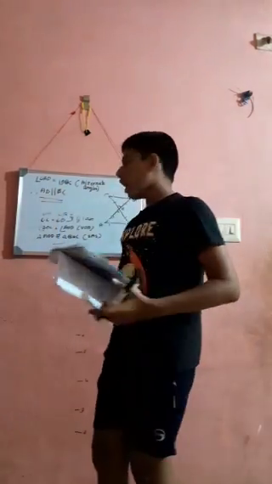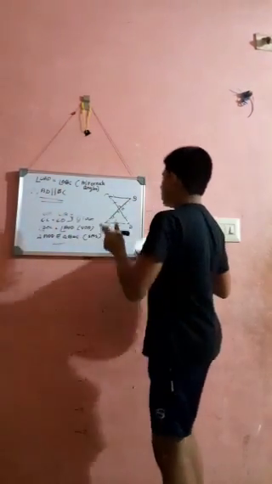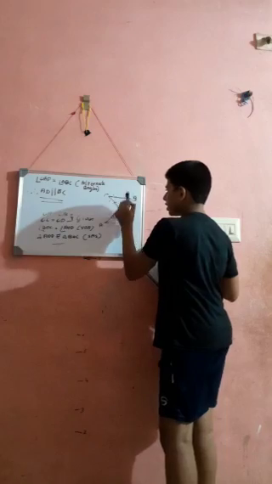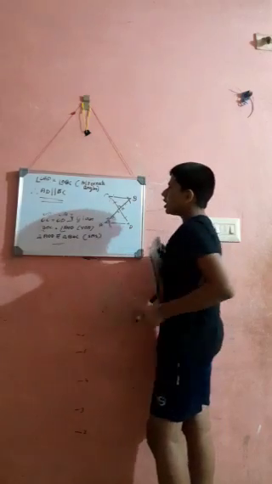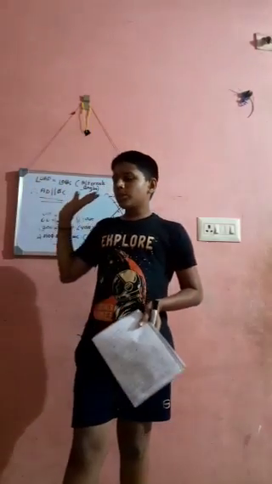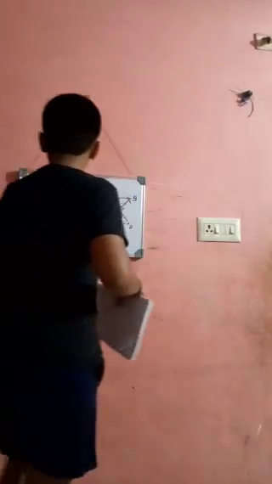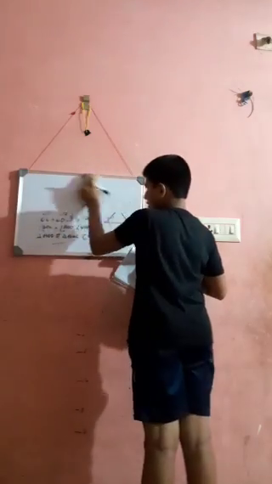If the alternate angles are equal, this one and this one are equal, then the two lines are parallel.